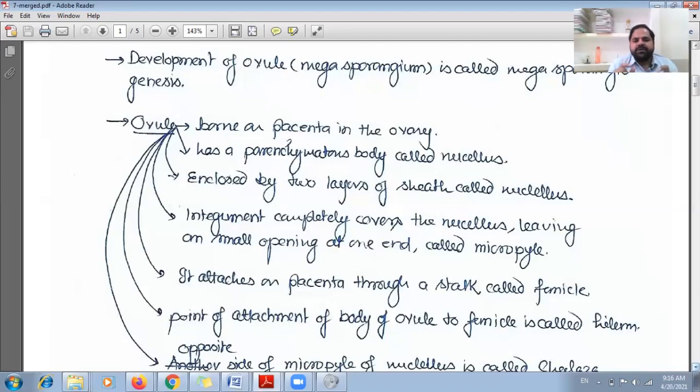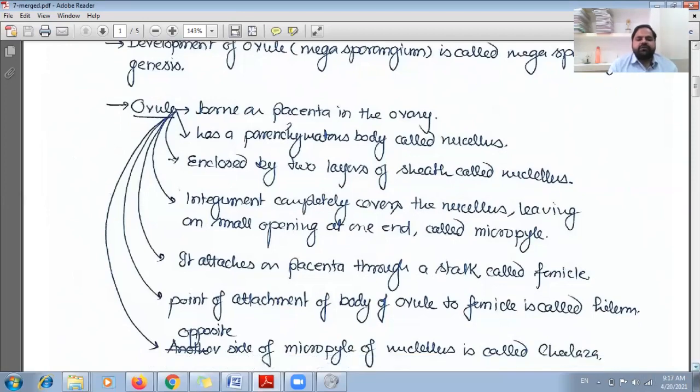Where the integuments are absent is called the micropyle. Now, the ovule attaches to the placenta by a stalk called the funicle. It is attached to the wall of the ovary through the placenta, and in between the placenta and the ovule there is a structure called the funicle.